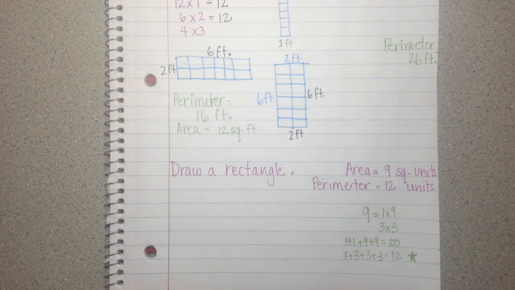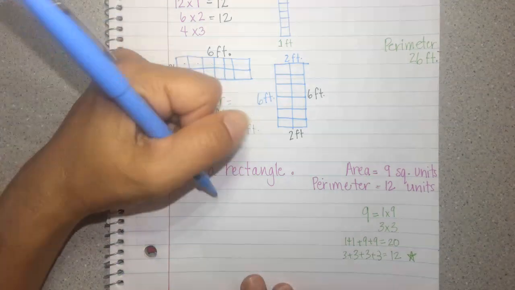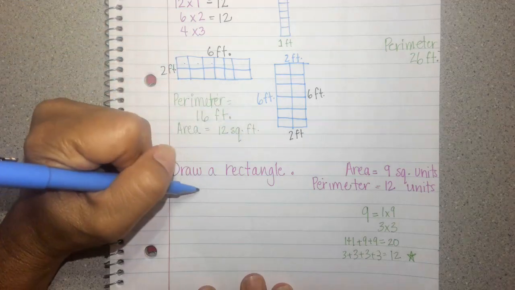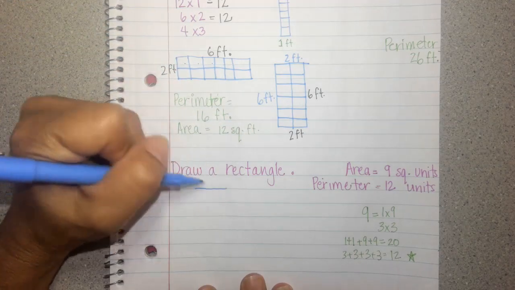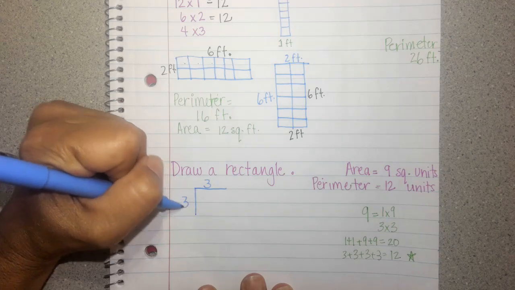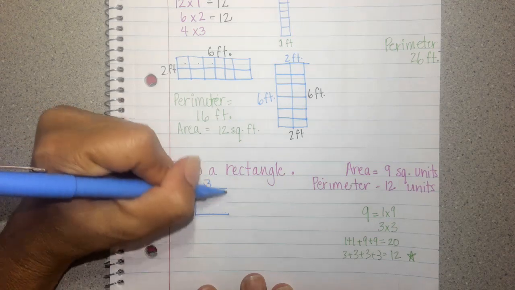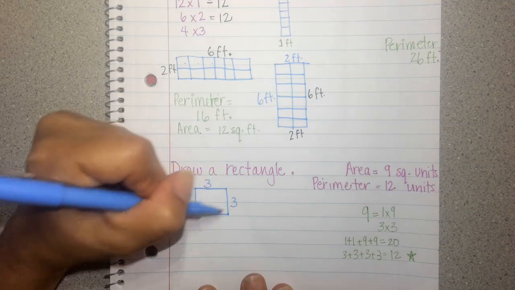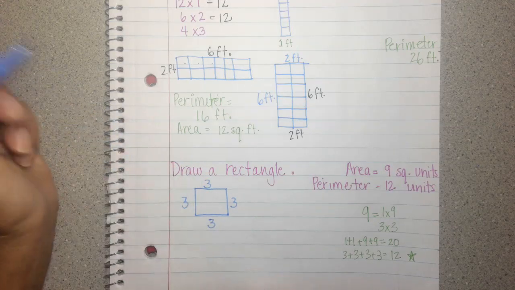So I'm going to draw a simple rectangle and this rectangle is going to be a square because it said 3 units times 3, 3, and 3, so that I get a perimeter of 12.